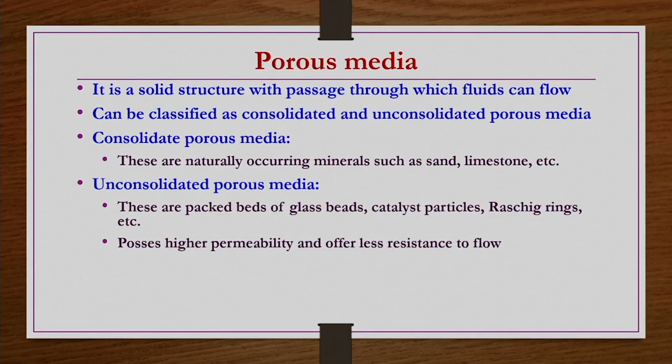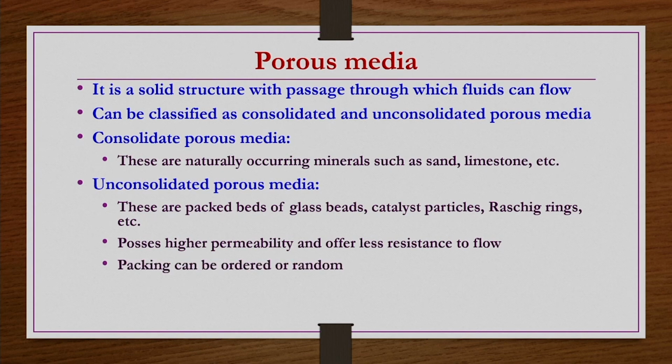Such beds that we make for our applications are known as unconsolidated porous media, and they possess high permeability. Obviously, unconsolidated porous media have higher permeability. If the permeability is higher, obviously the resistance to flow would be low.